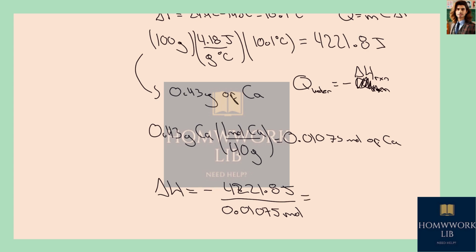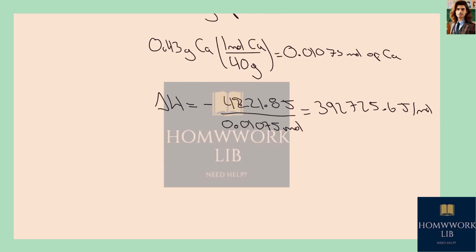So the result that we get is 392,725.6 joules per mole of reaction. Let's convert this to kilojoules, simply dividing by 1000. So this is 392.7256 kilojoules per mole.